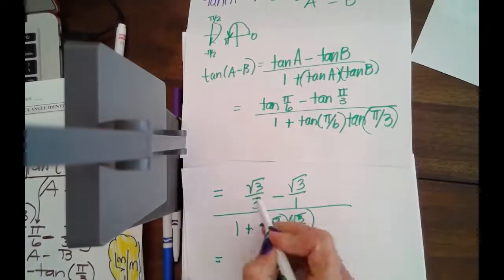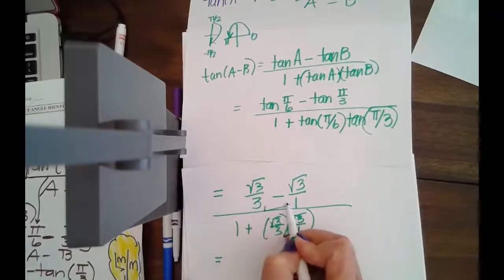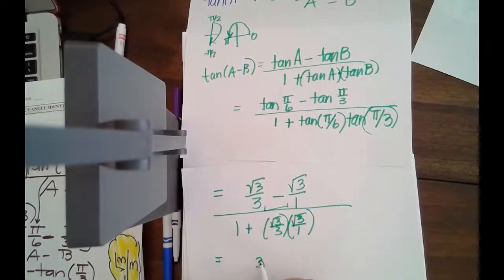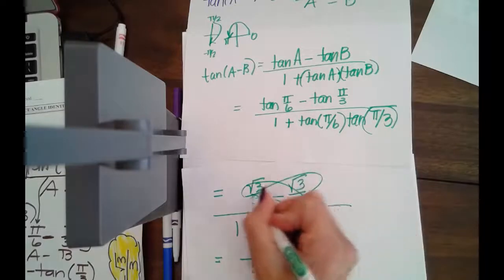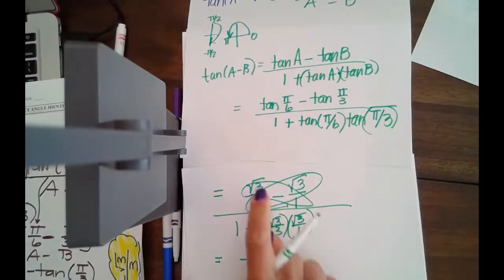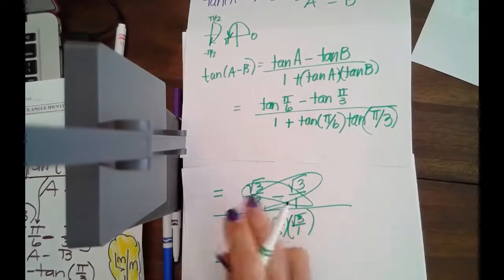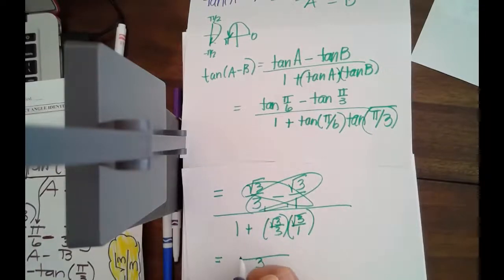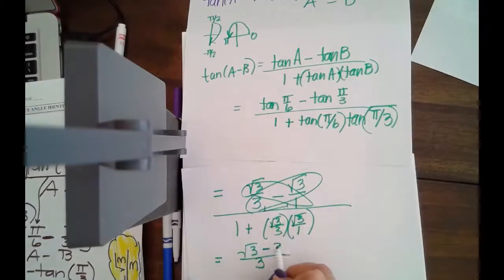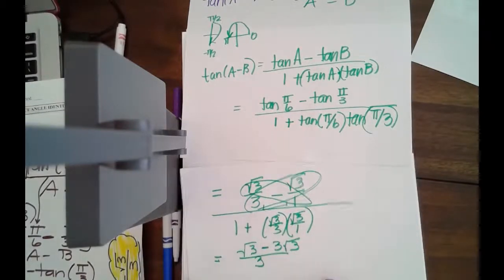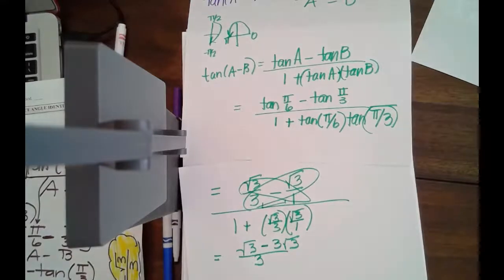All right, so we have unlike denominators here, so you know you're going to multiply the denominators together to get your new numerators. Your new numerators are going to be the cross product. So it's going to be 3 times 1, radical 3 times 1 is radical 3, minus radical 3 times 3 is 3 radical 3. And we'll fix that in just a minute, okay?